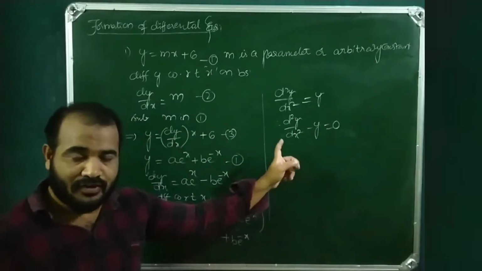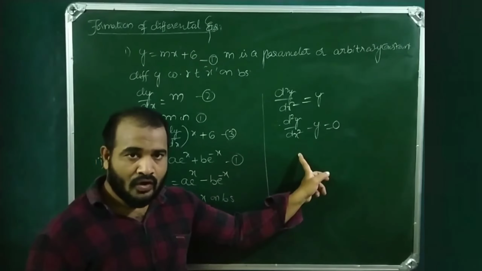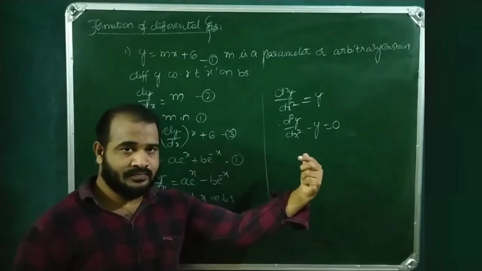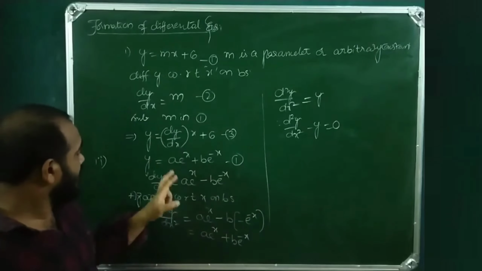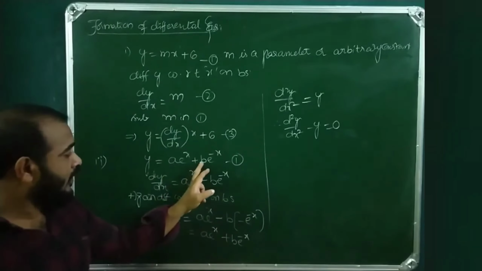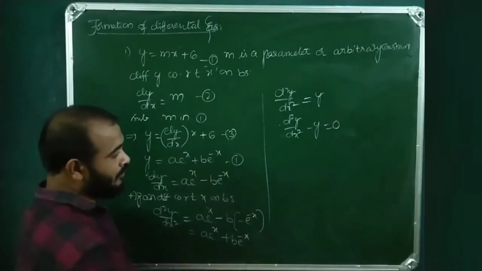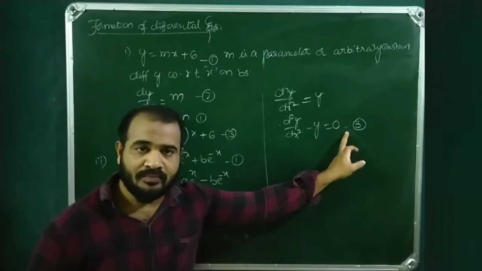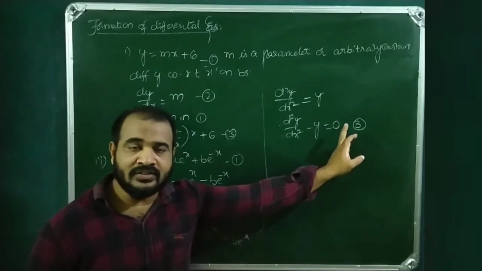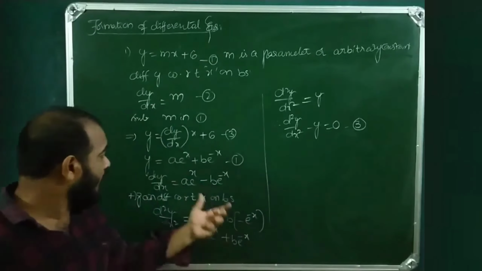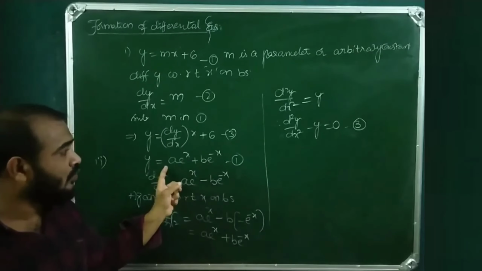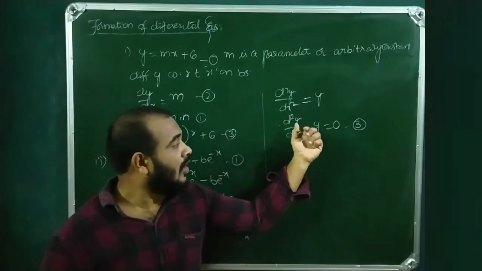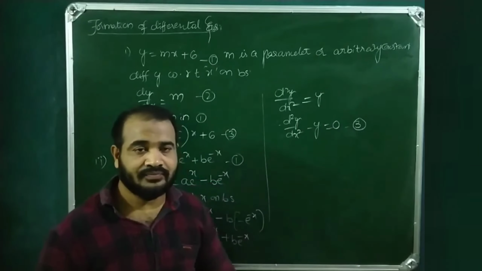Therefore, this is the differential equation of the family of all curves following y equals to a e power x plus b e power minus x. If you see, both 1 as well as 3 represent the family of curves, but 1 is devoid of the derivatives and the third is devoid of the arbitrary constants.